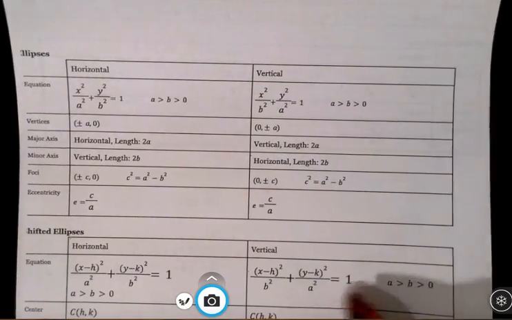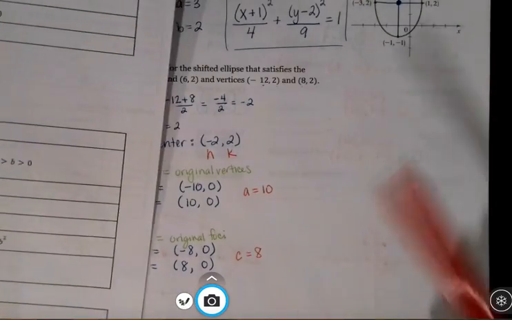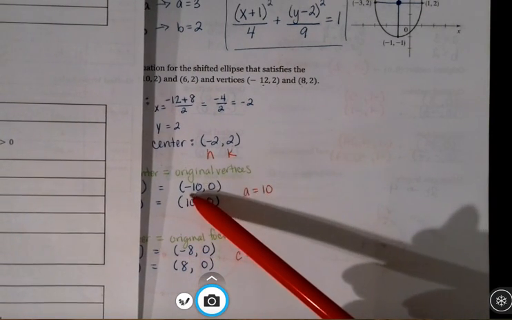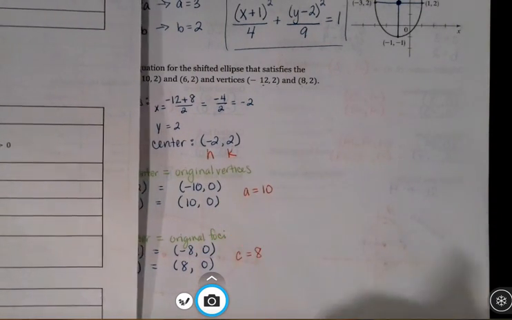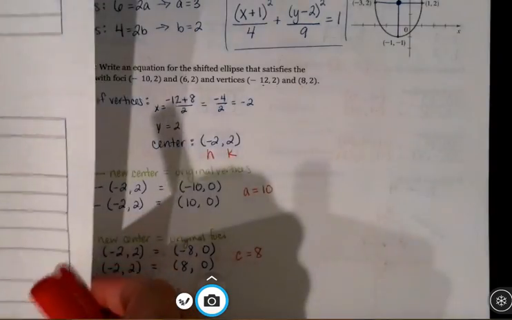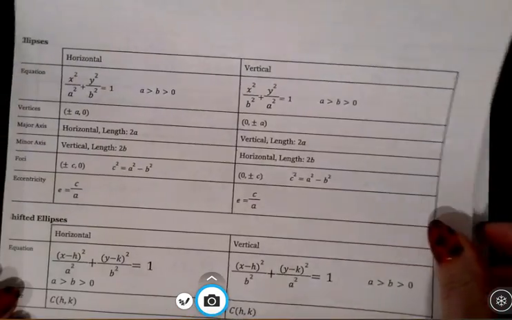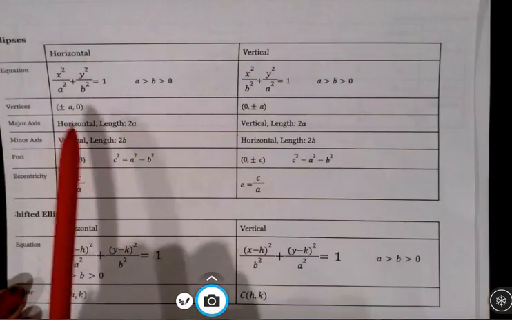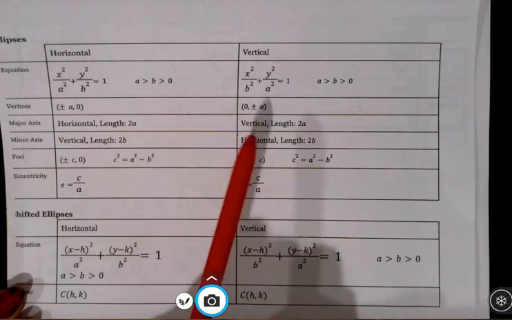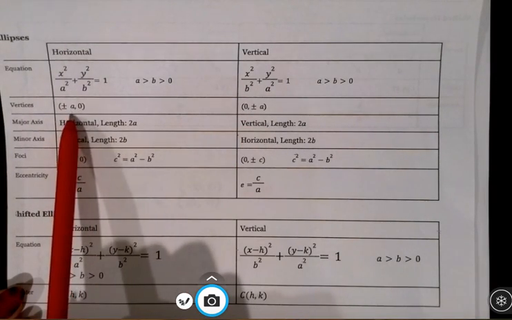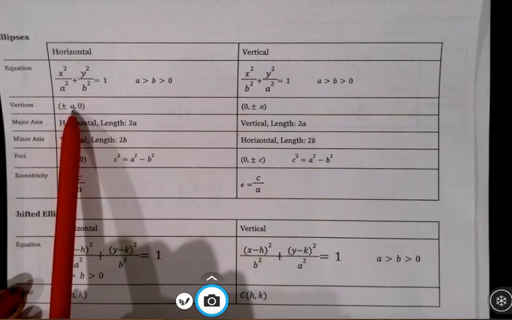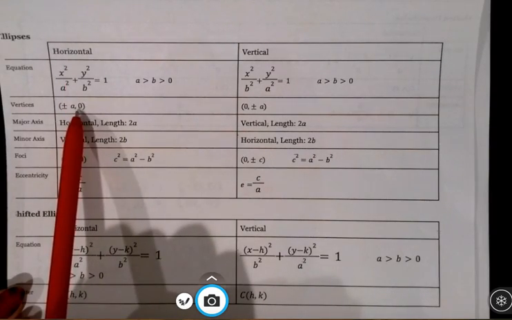The other thing I want to notice is, let me go on this side, I'm so sorry. If they're written as the number, 0, I'm going to look at my formula sheet to see if it's a horizontal or a vertical ellipse. So for my vertices, I have a, 0 or 0, a. Since they're written like this, I know it has to be horizontal.